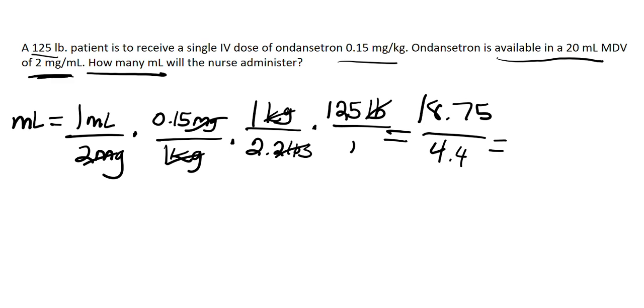We divide that out. 18.75 divided by 4.4 equals 4.26. When we round to the nearest tenth, 4.3 milliliter. And there you have it. Simple as that.